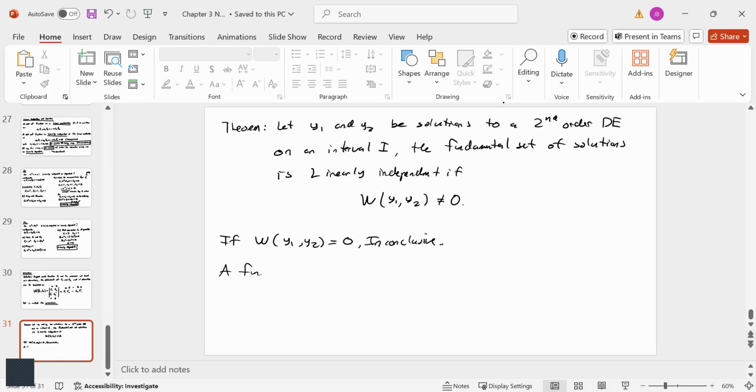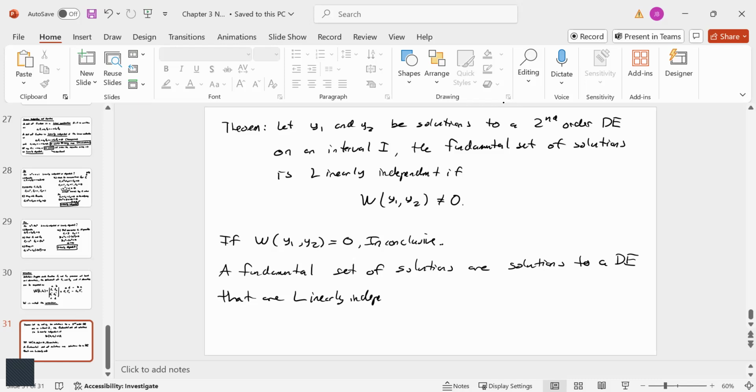A fundamental set of solutions are solutions to a differential equation that are linearly independent. I won't abbreviate in this class. So if you see fundamental set of solutions, they're just saying they're independent. That's it.